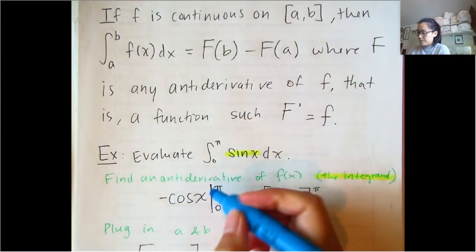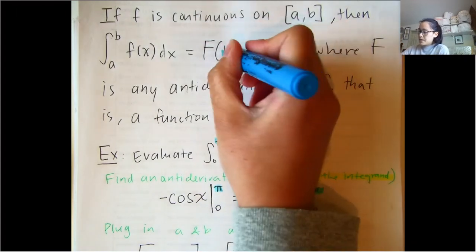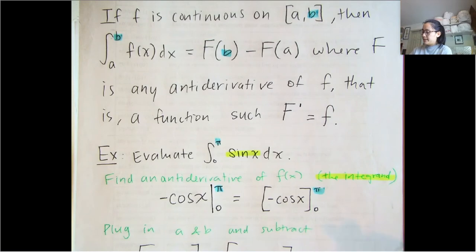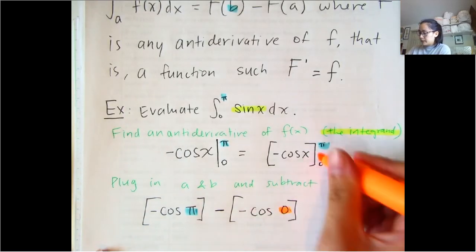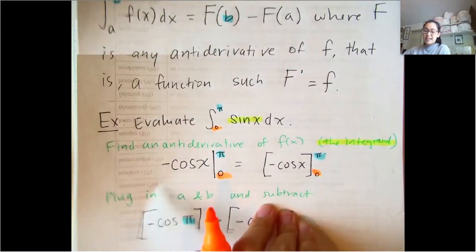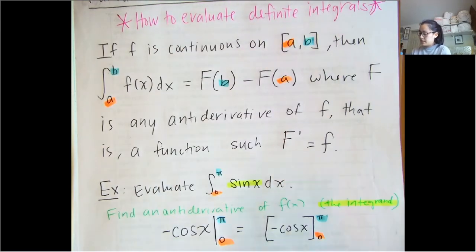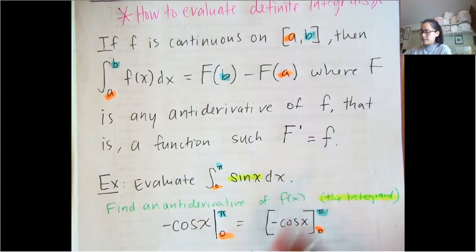This pi was the b, that was the top bound. And then the 0 was the bottom bound. And that was a in terms of the general definition here. Okay, so plug in a and b and subtract.